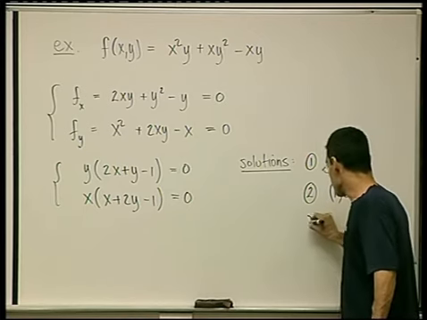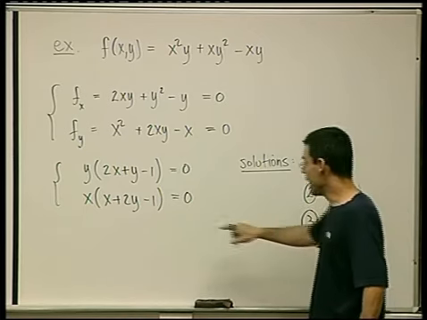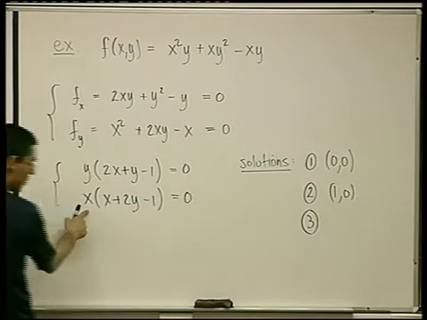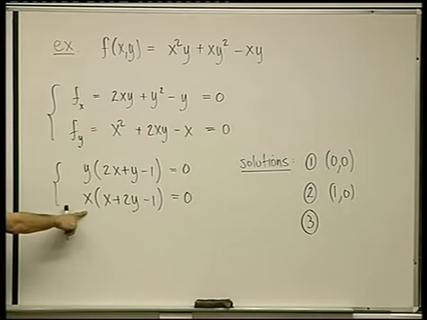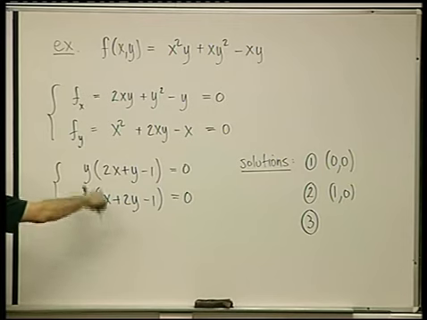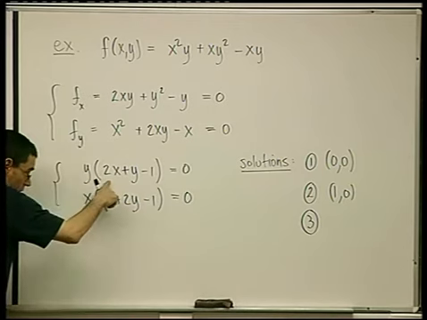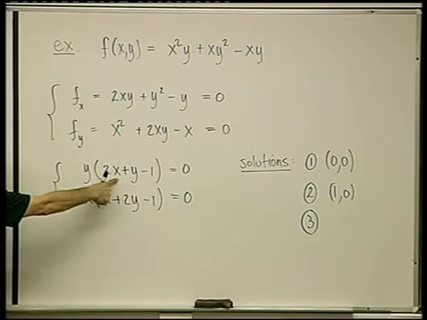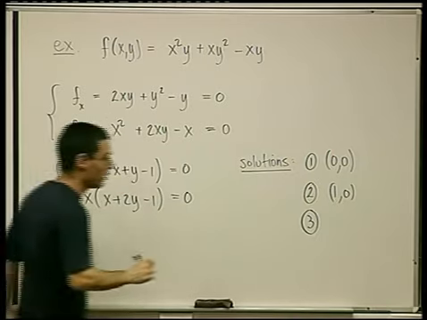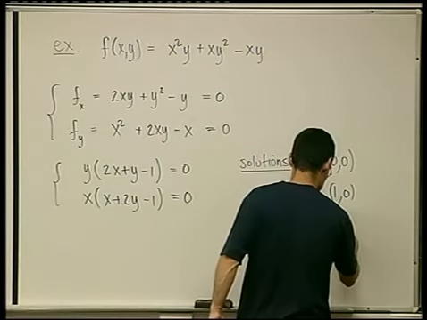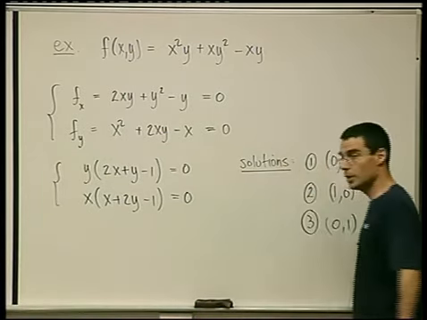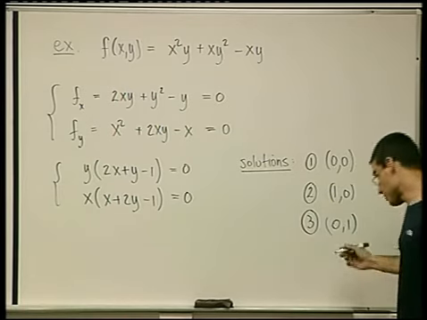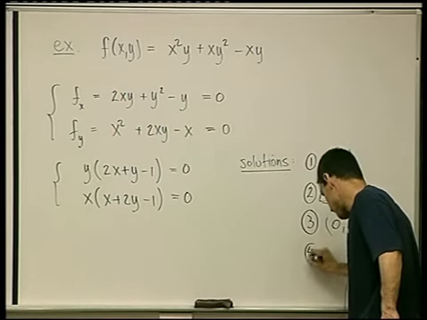A third solution is going to be when x is 0 over here, satisfying this equation, but not y is 0 here, but rather this expression, with x being 0. So y is going to be 1. Good?